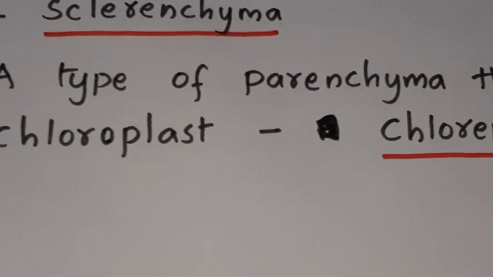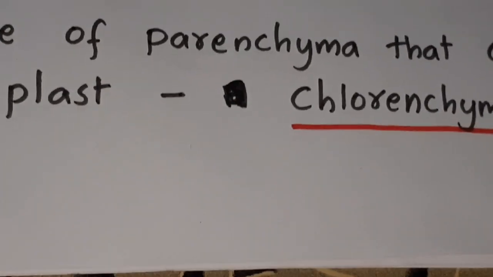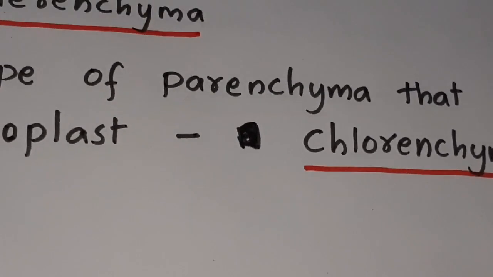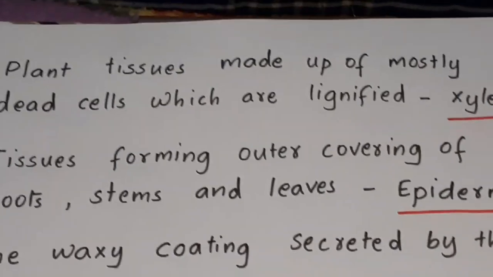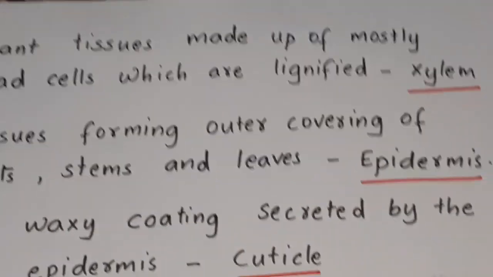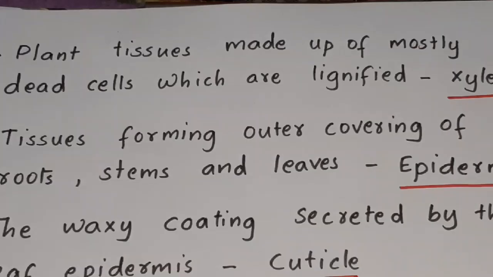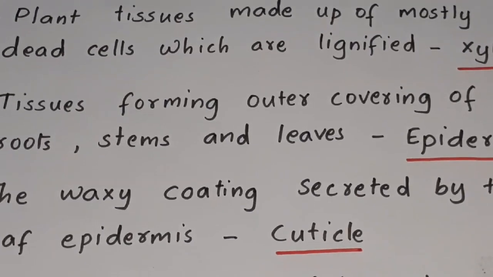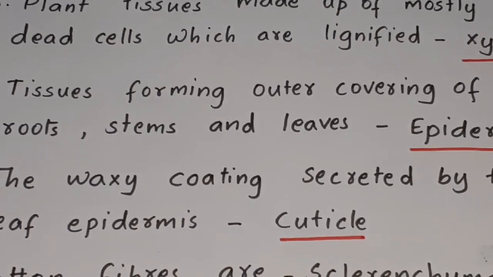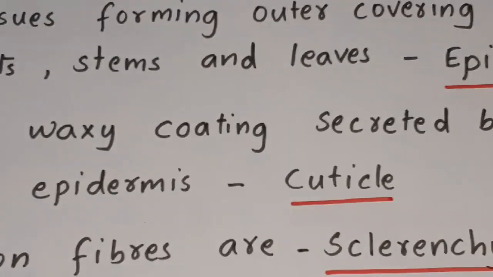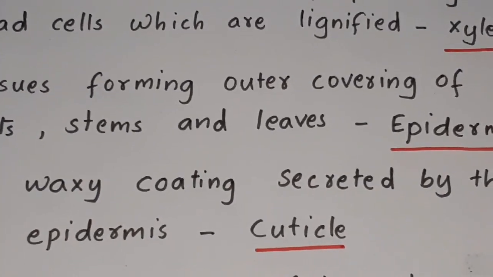We have seen that the one containing chlorophyll is called chlorenchyma. Third, plant tissues made up of mostly dead cells which are lignified. Lignified means connected with the paste called lignin. Do you remember lignin? The plant tissue made up of dead cells is xylem.